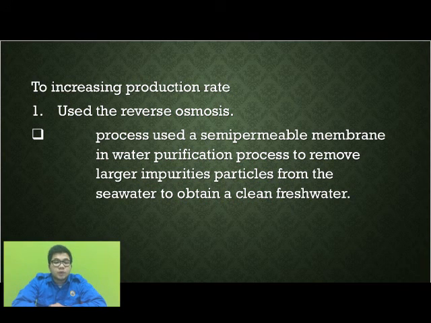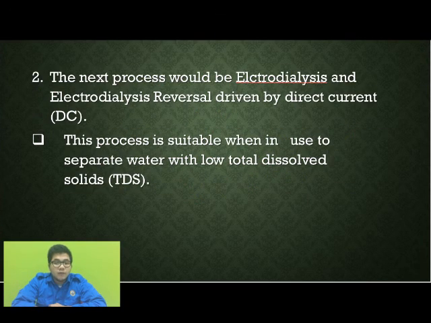For increasing production rate, we use reverse osmosis. Reverse osmosis uses a semi-permeable membrane in the water purification process to remove impurity particles to obtain fresh water. After that, the next process will be electrolysis reverse, driven by direct current.